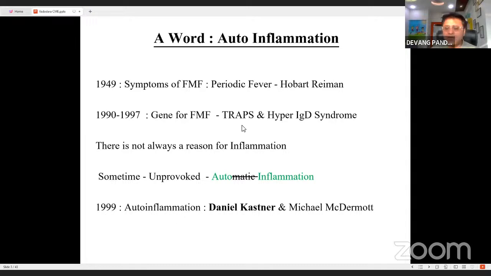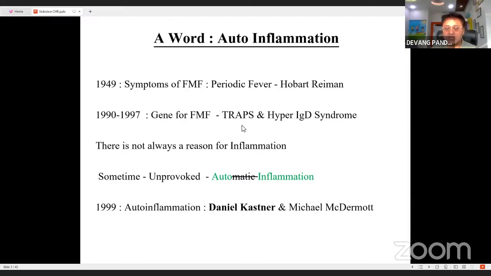Up to then, we believed there is always a reason for inflammation: some infection, some injury, some malignancy, some autoimmune disease. But in 1990, Professor Dan Kastner and team thought that there is not always a reason.